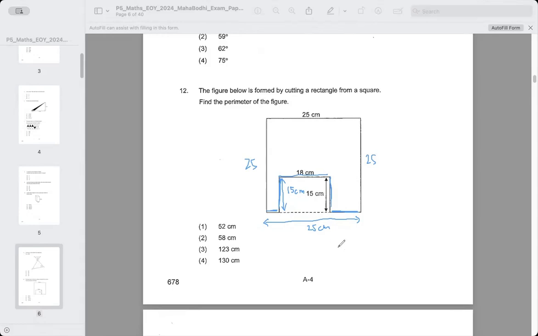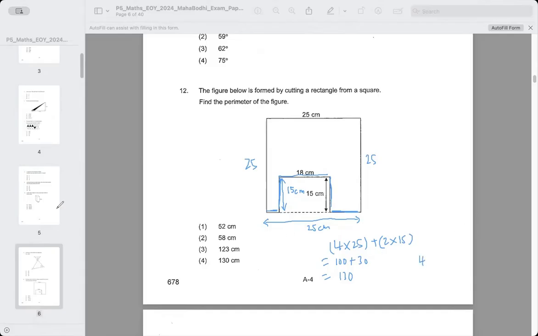So the total perimeter will just be 4 times 25 plus 2 times 15. That 4 times 25 will give me 100, 2 times 15 will give me 30. So the final answer will be 130 cm, which is option 4.